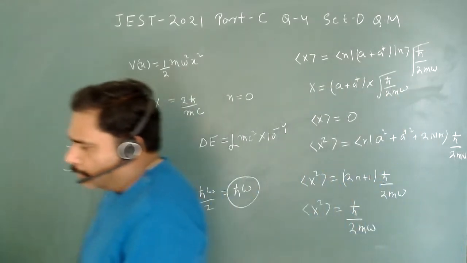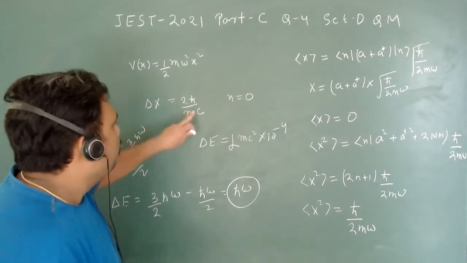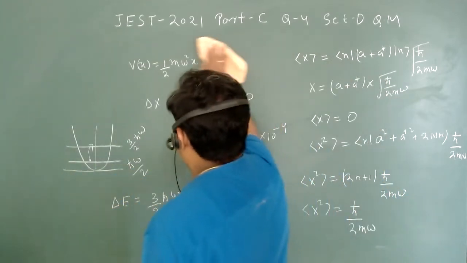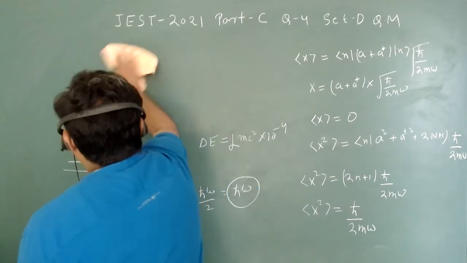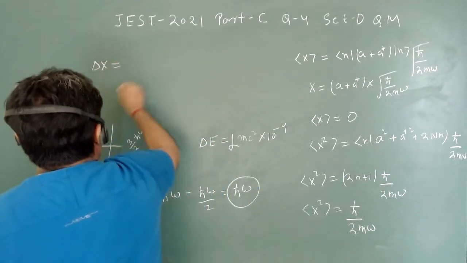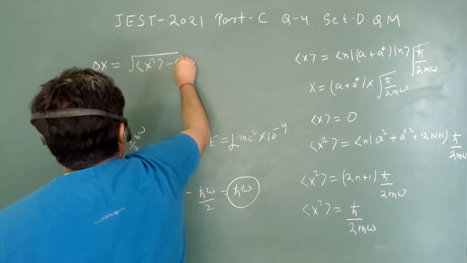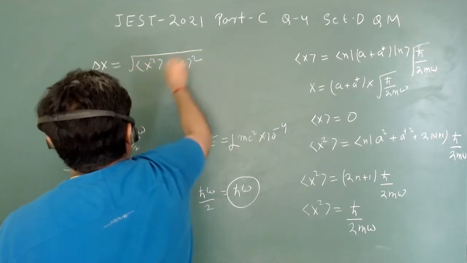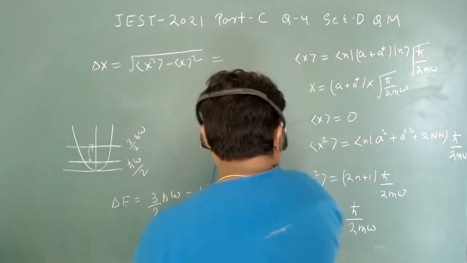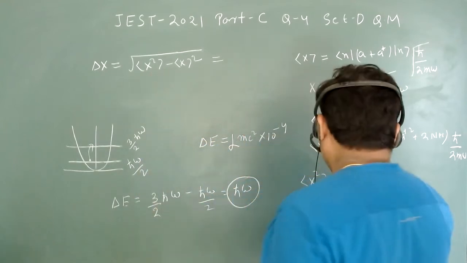And in this particular problem, it is given that delta x is this much for the ground state. So let's use the expression that delta x is root under the expectation value of x square minus the expectation value of x whole square. For the ground state the expectation of x is 0, and x square we can write from here.